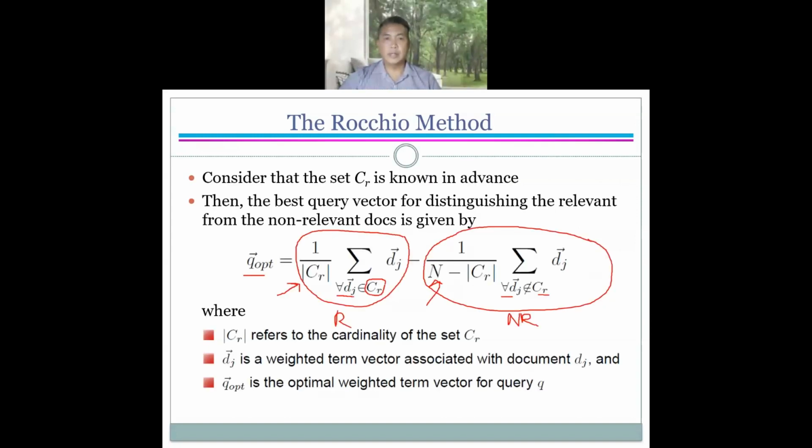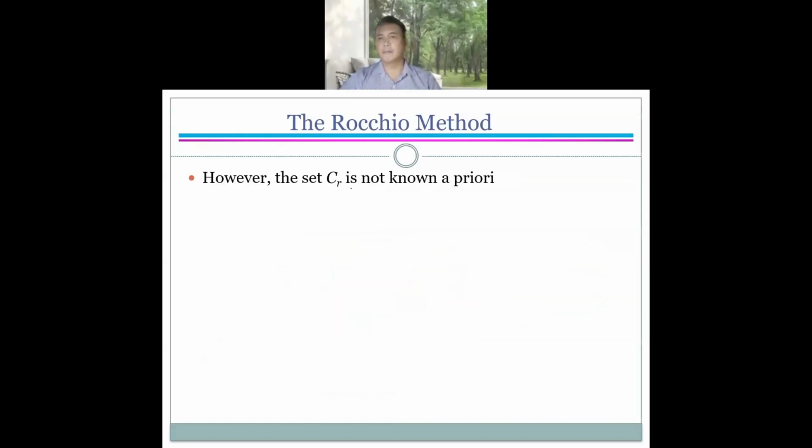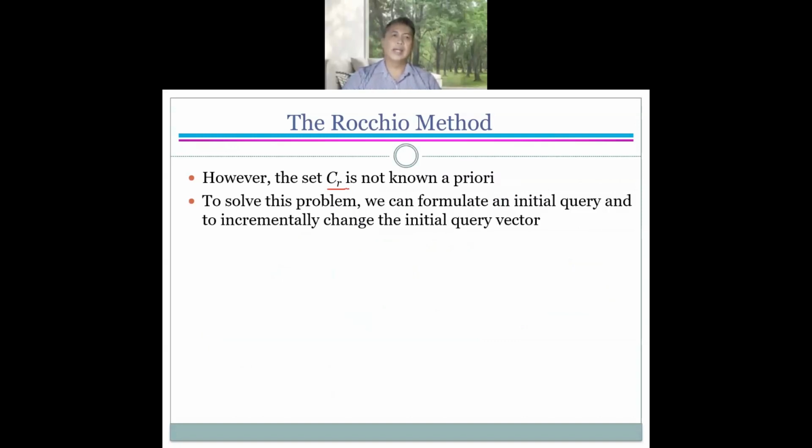Okay, because we know this one already, but in the real situation, we do not know what the relevant documents are here. Okay? So to solve this problem, we can formulate an initial query and incrementally change the initial query vector. Okay? So how do we change that one?